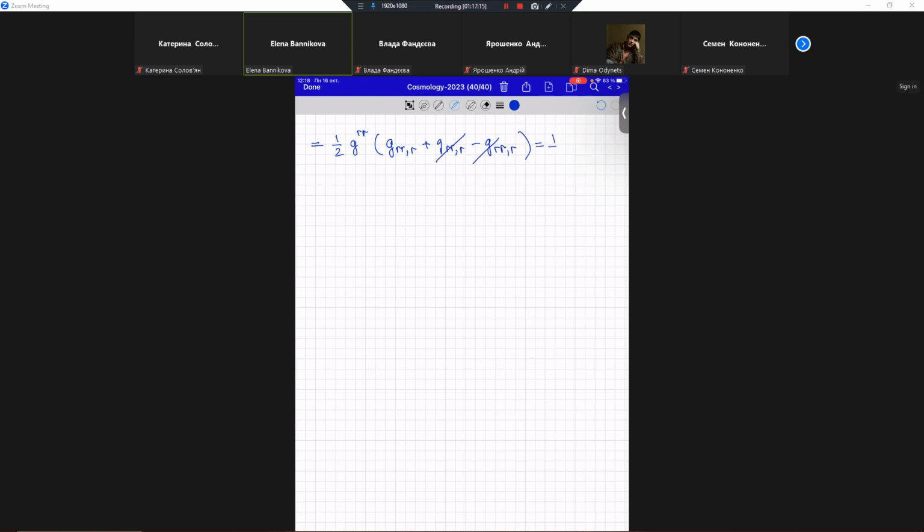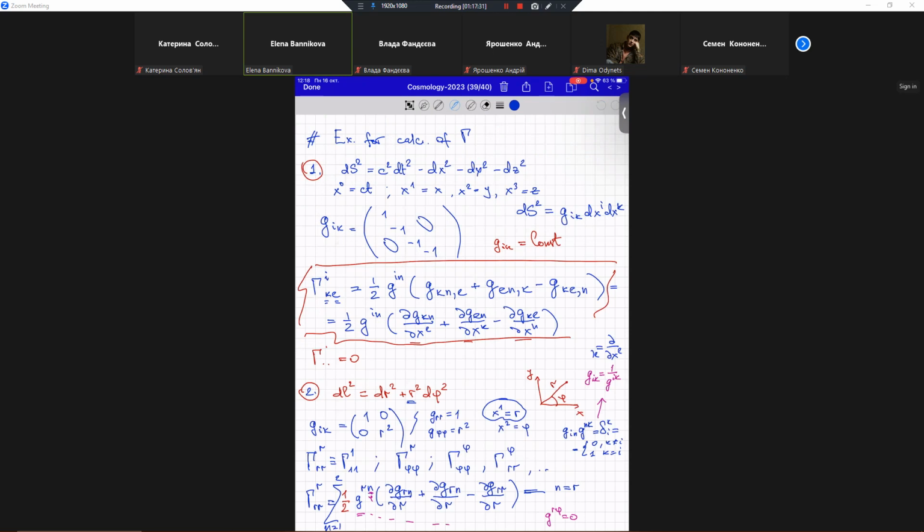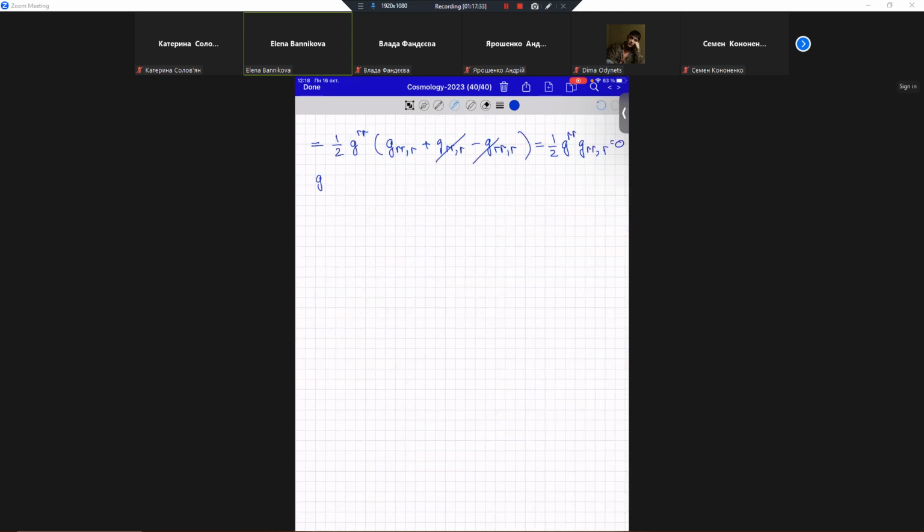We will have 1.5 G_RR derivative by R, and it will equal 0, due to the fact that G_RR equals 1, and it is understandable that the derivative of a constant will be 0. Absolutely right. So now, I have a few minutes, 1 minute.